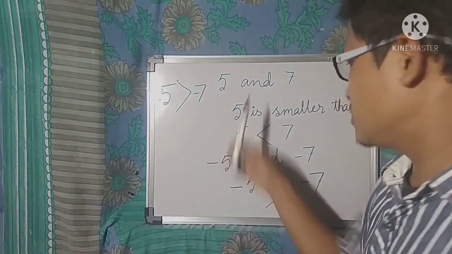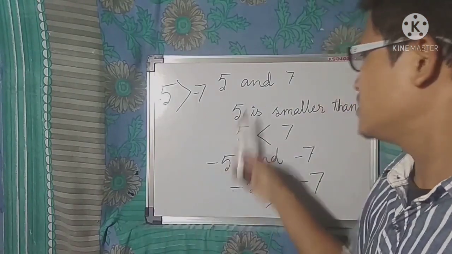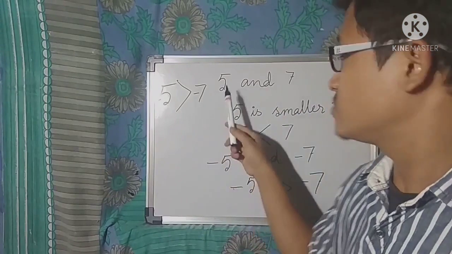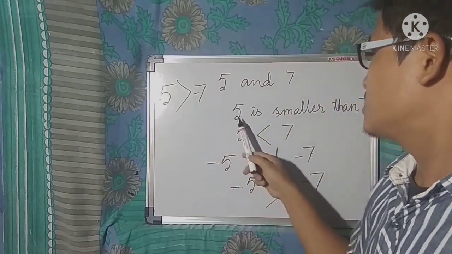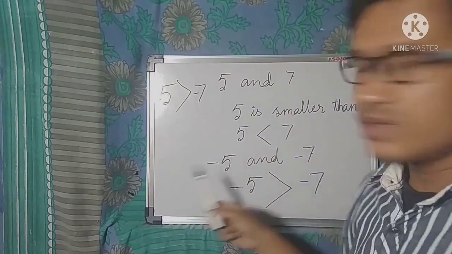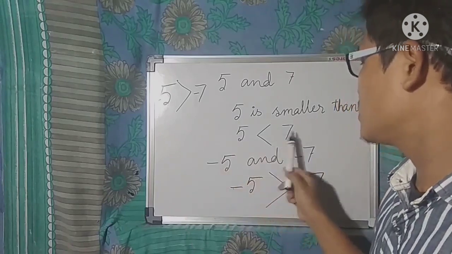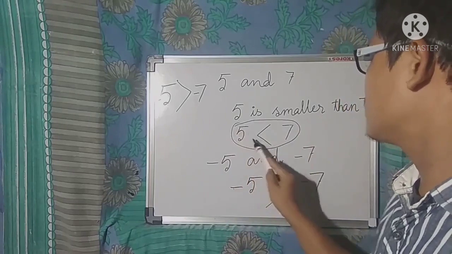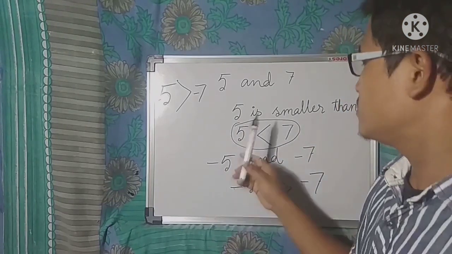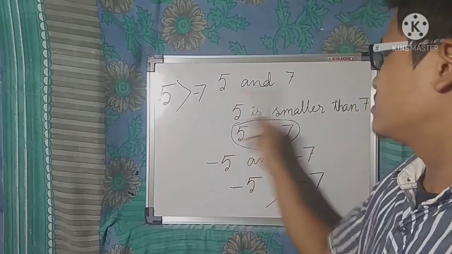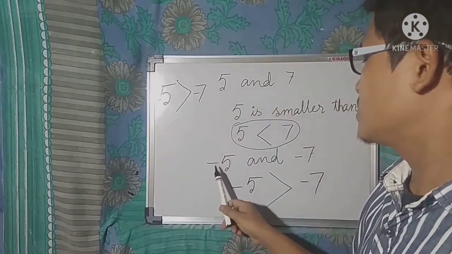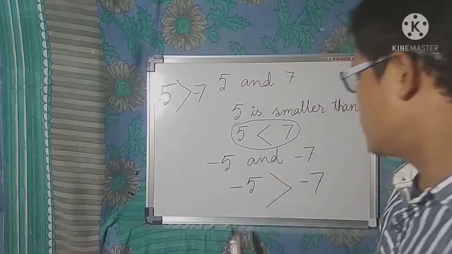So can you see the difference clearly? When it was 5 and 7, positive integers, we can say that 5 is smaller than 7. Symbolically, 5 is smaller than 7. Now if we put minus sign just before the integers, then it becomes -5 and -7.